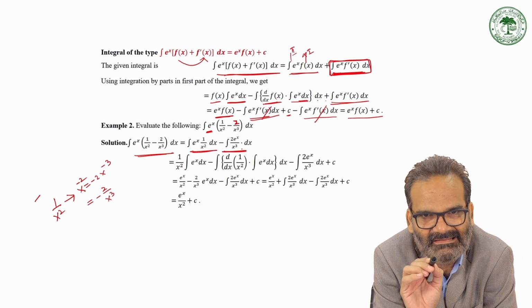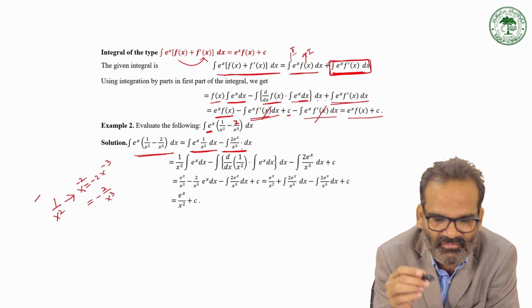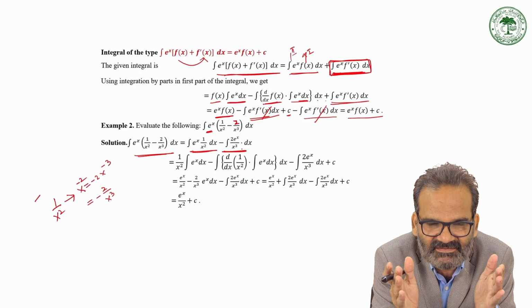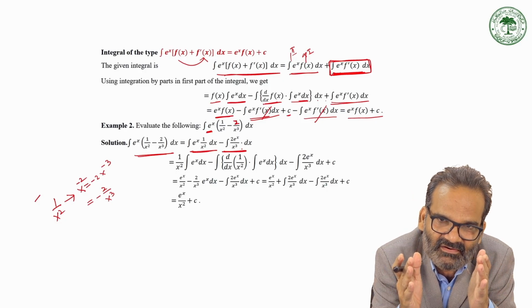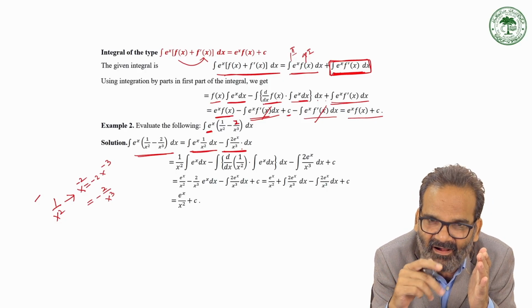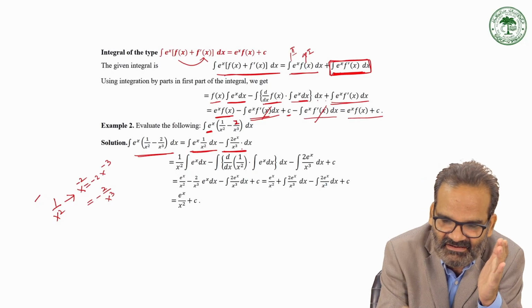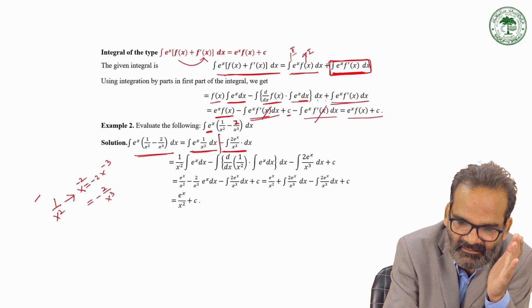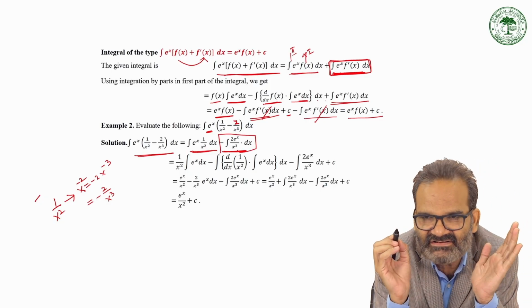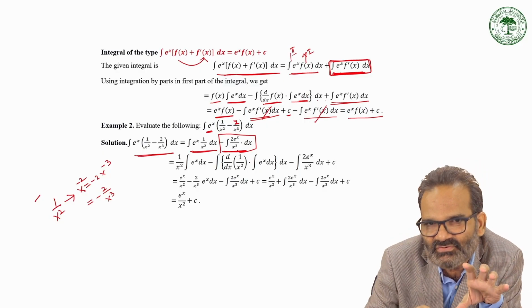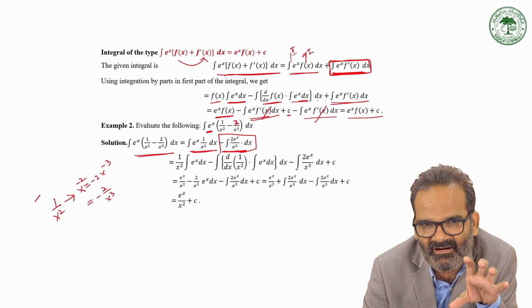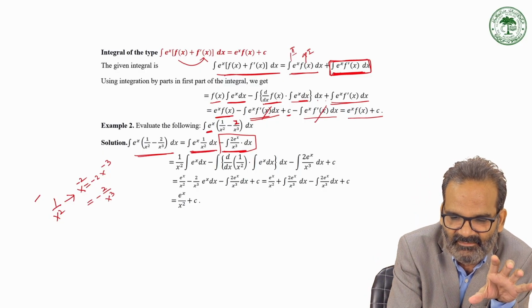We haven't done anything yet. Now the function has been divided in two parts, and you know what the method says? Keep the second part as it is, unchanged. So this part will remain unchanged. We will use the method of integration by parts in the first portion only, means this one.